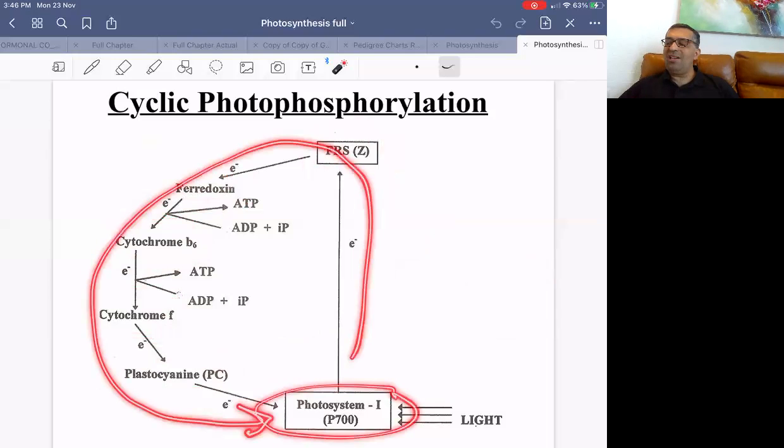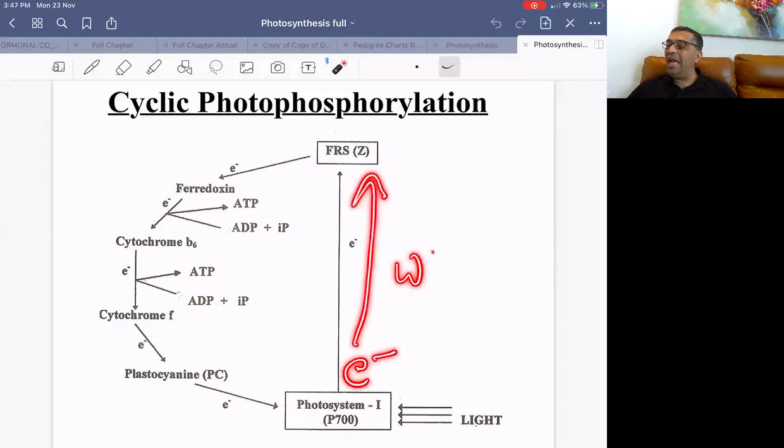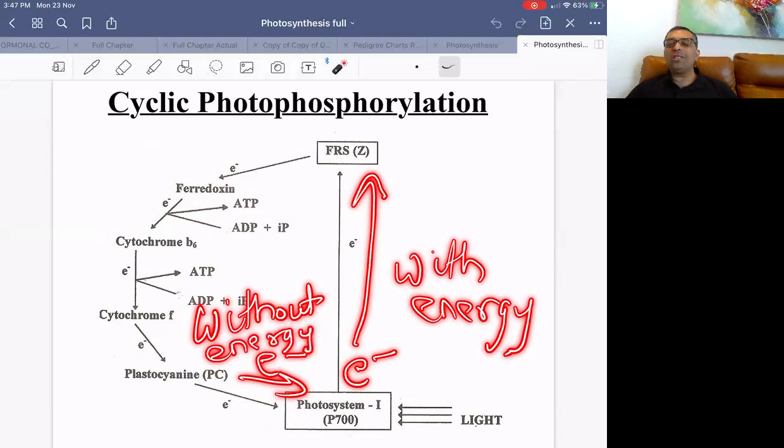Hence this process is called a cyclic process. तो इलेक्ट्रॉन जाता है, घूम फिर के वापस आता है, तो इलेक्ट्रॉन गया ही क्यों? बिकॉज जब इलेक्ट्रॉन जाता है, it goes out with energy, and when it returns back it has lost its energy, so it is without energy. So when it goes out it is with energy, when it returns back it is without energy.